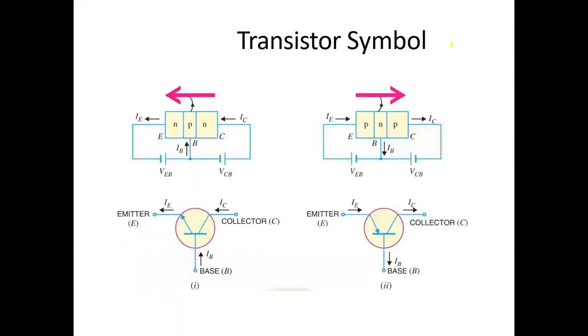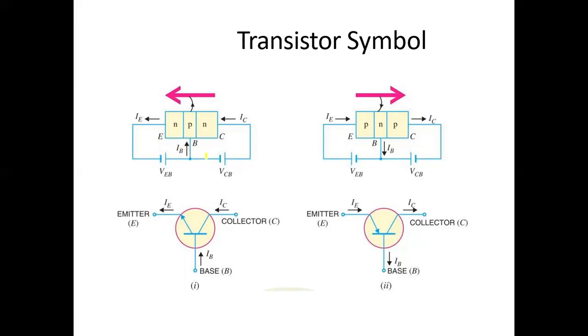The transistor symbol is shown here, and the current direction is shown with the help of these PNP and NPN transistor diagrams. The common thing is that the emitter-base junction is forward biased and the collector-base junction is reverse biased. Here the n-type is connected to the negative terminal and the p-type to the positive terminal, so this junction is forward biased.